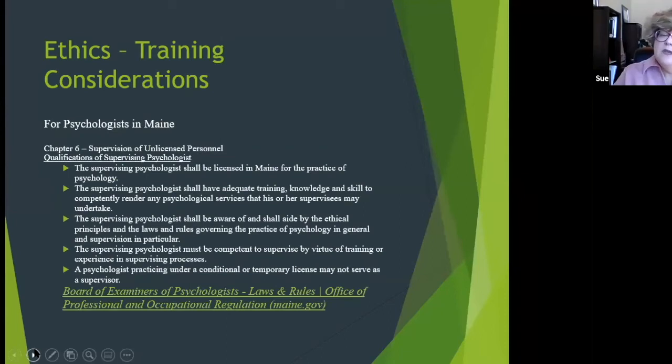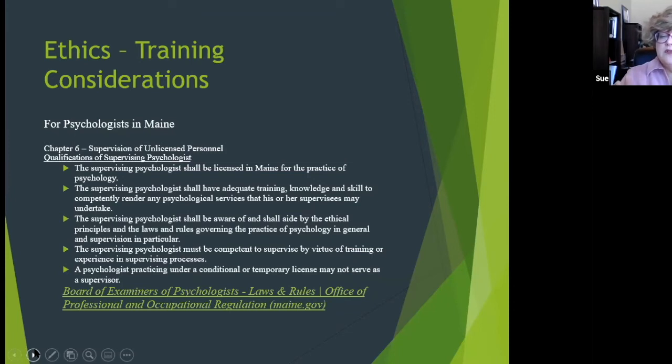So in Maine, for psychologists, they actually lay out all the different things. Of course, you need to be licensed in Maine, but it also lays out the ethical principles.